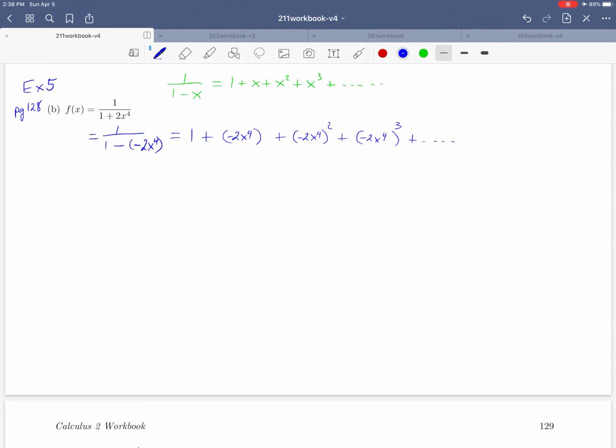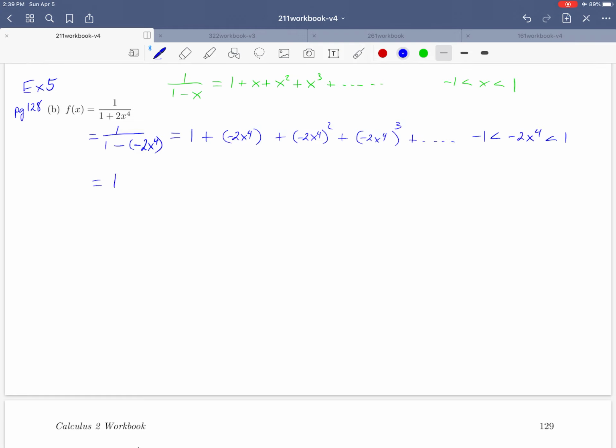And this is true. Again, we have to pay attention to the interval of convergence. The original one was true for x between minus 1 and 1. And so our new power series is valid for minus 2x to the fourth between minus 1 and 1. Okay, we can clean this up a little bit.